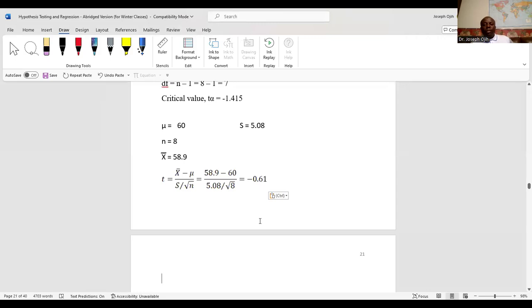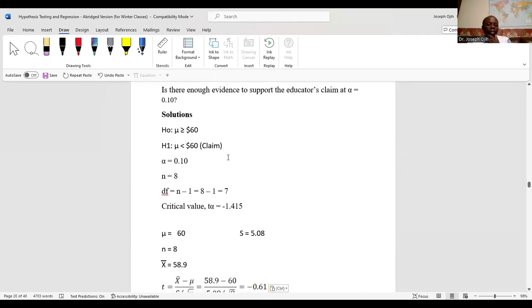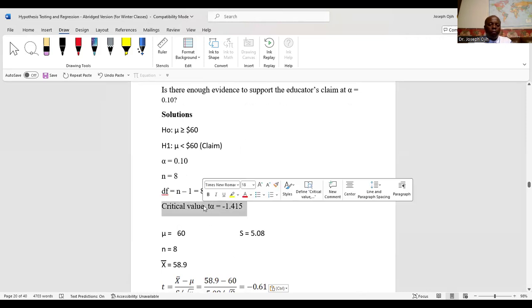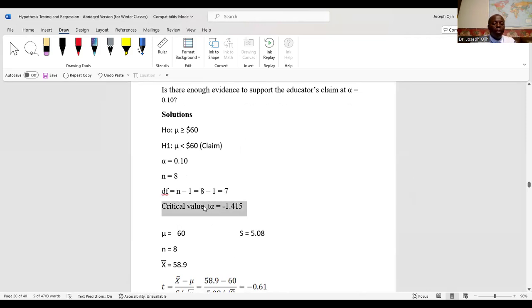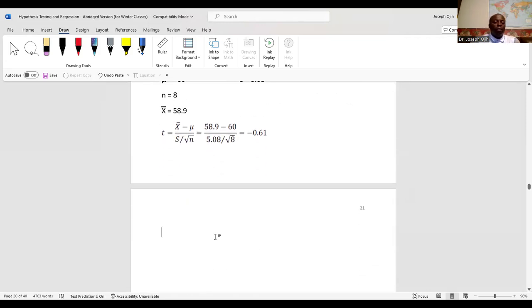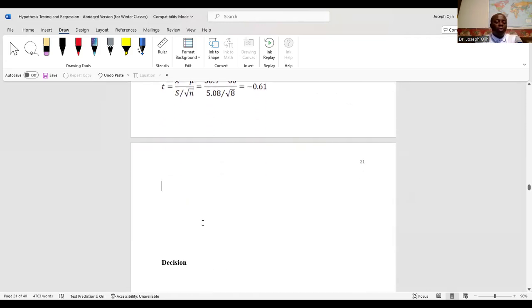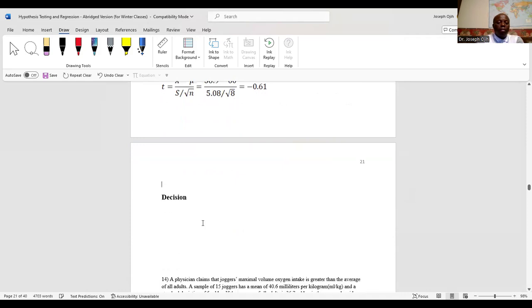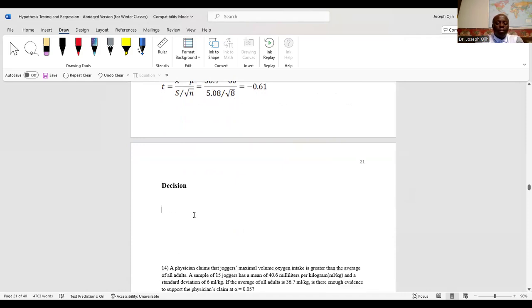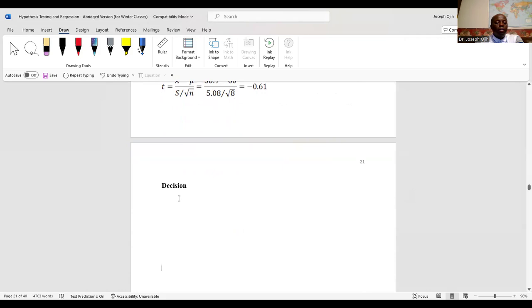Now it's time for us to make our decision. Remember, the critical value is negative 1.415. Let me copy that from here. So let's make our decision. I have decision criteria here.